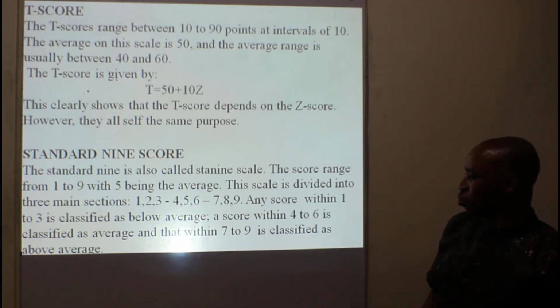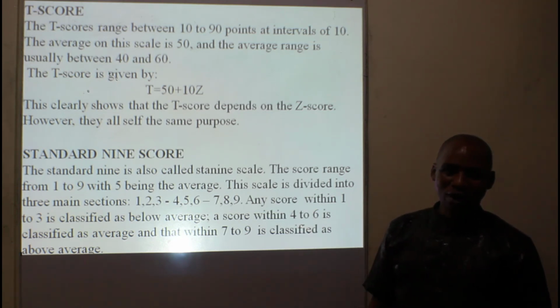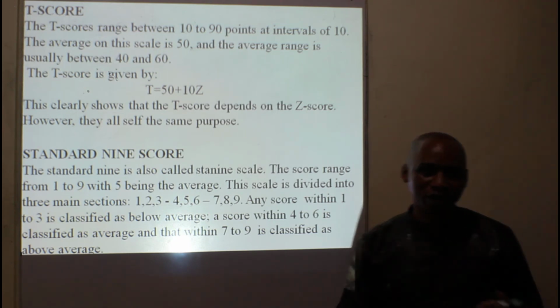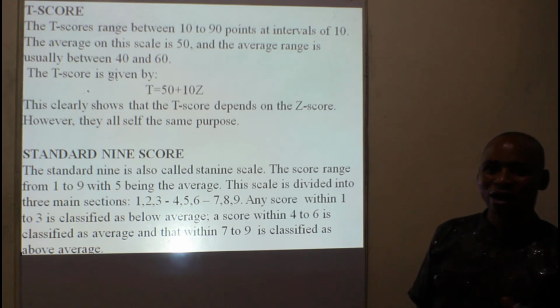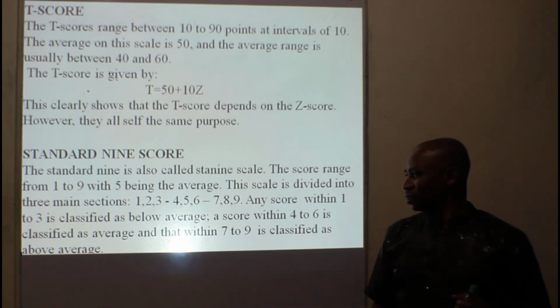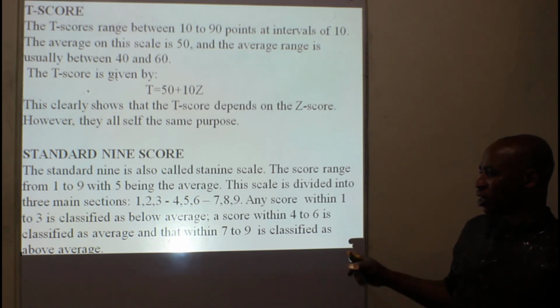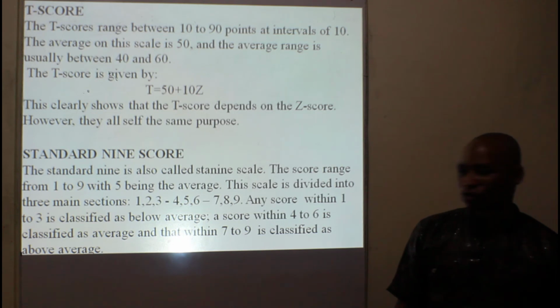Then anybody who scored a mark between 7 to 9, that person will be classified as what? An above average student. Don't forget, all these scores are in relation to the standard 9 scores.